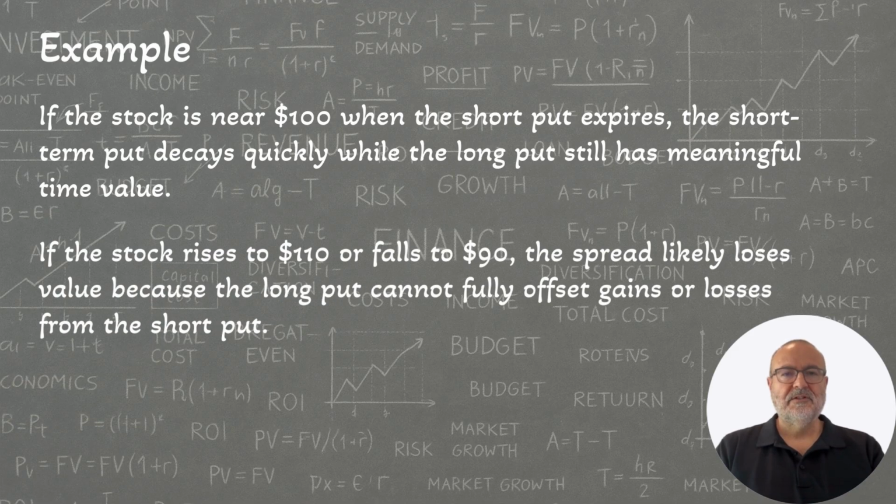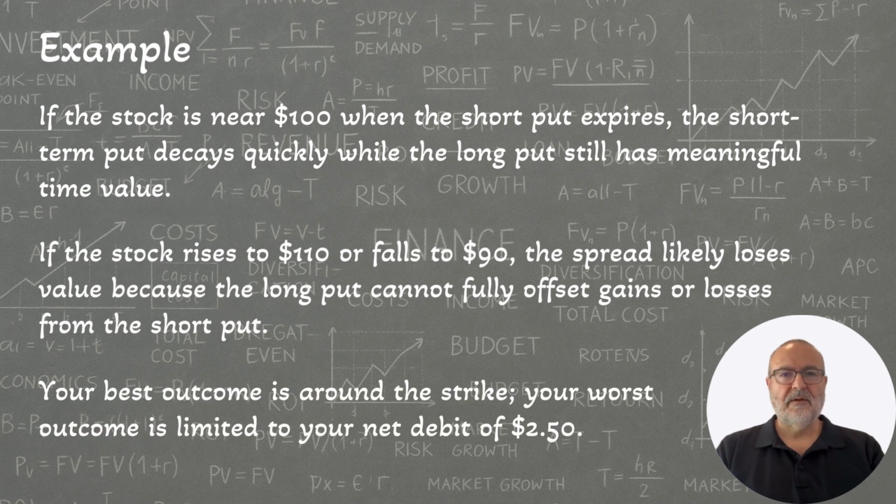If the stock rises to $110 or falls to $90, the spread likely loses value because the long put cannot fully offset gains or losses from the short put. Your best outcome is around the strike. Your worst outcome is limited to your net debit of $2.50.